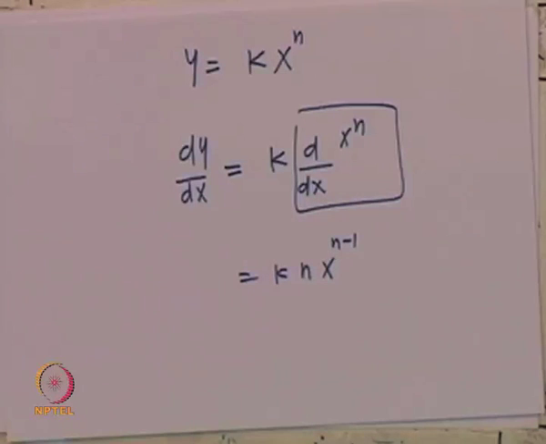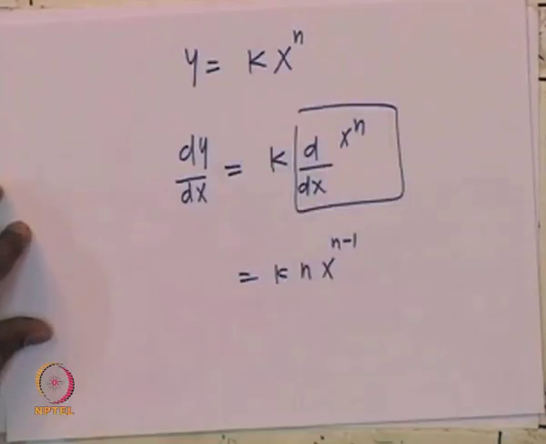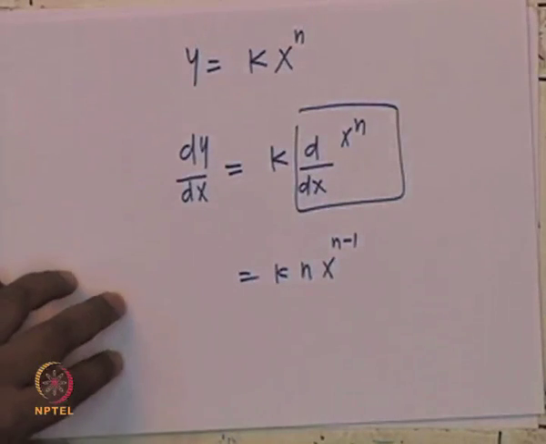This is a simple extension of the rule we learned: when you multiply by a constant, it does not matter, the constant just stays there and you find the derivative of the function. So, a constant times any function, the constant stays and you find the derivative of the function. That is the rule in mathematics.